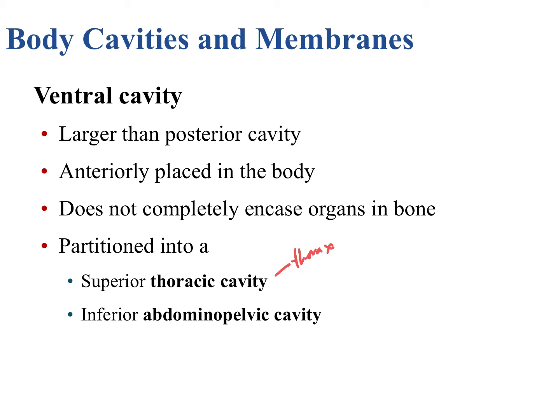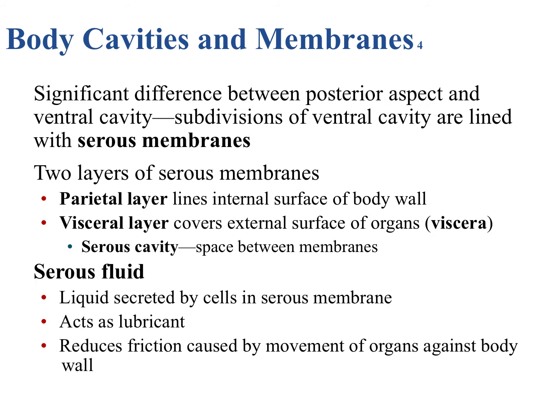There is an organ that physically distinguishes the thoracic cavity and the abdominopelvic cavity. The boundary is the diaphragm. Okay? Everything superior to the diaphragm is the thoracic cavity, inferior to the diaphragm, abdominopelvic. Okay? Pretty straightforward, yes? All right.